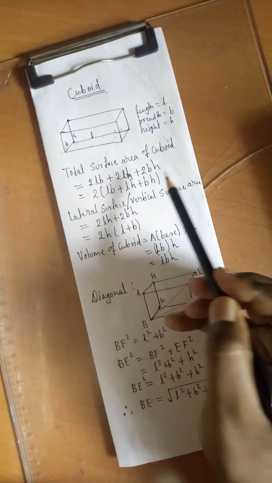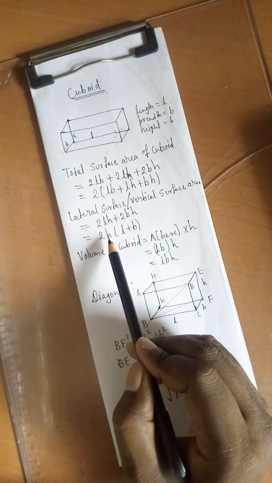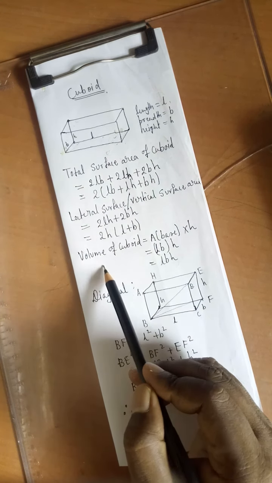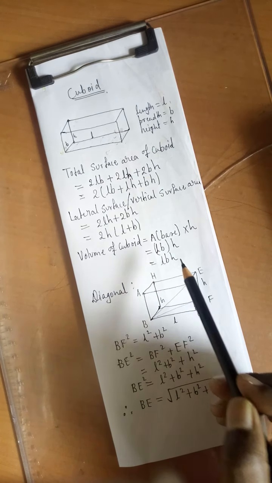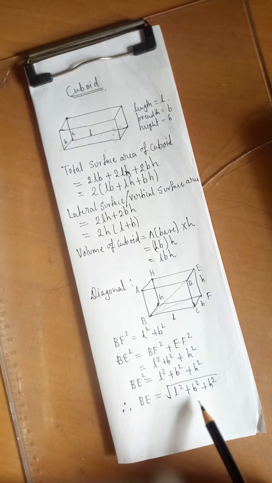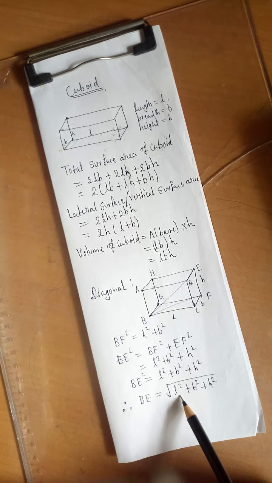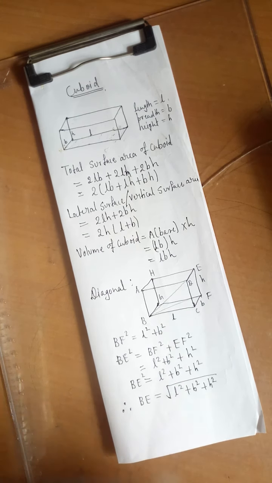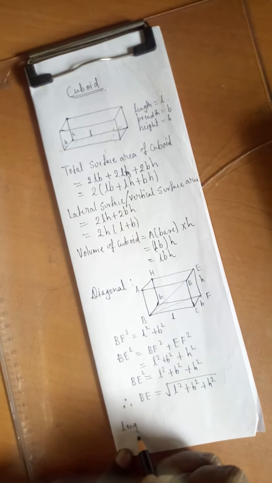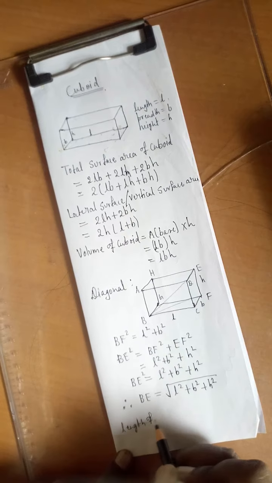We have discussed lateral surface area, which is 2H in bracket L plus B. We have discussed volume of cuboid, which is LBH. We have discussed and understood the diagonal of a cuboid, which is root of L square plus B square plus H square.